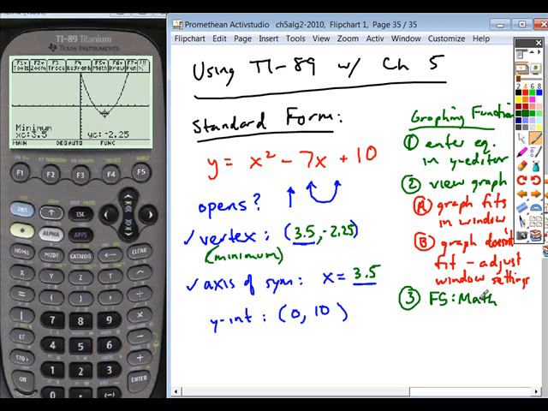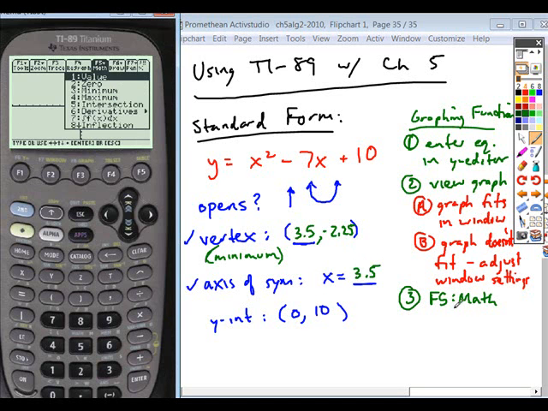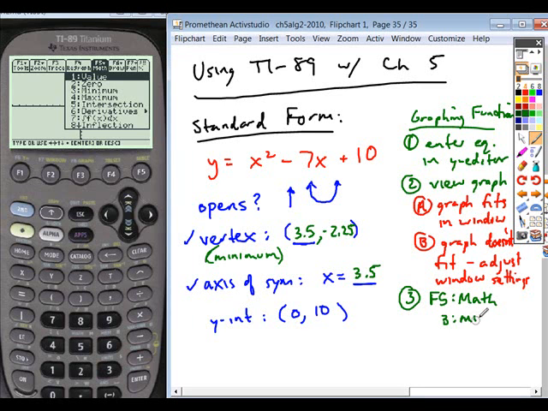The F5 Math tab, again, and then choose number 3, minimum. Okay, now you choose this one if the parabola opens up, and what would you choose if the parabola opens down? You'd use maximum if the parabola opens down. Okay, questions on finding this?